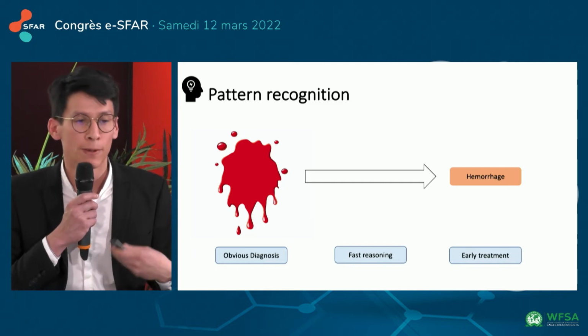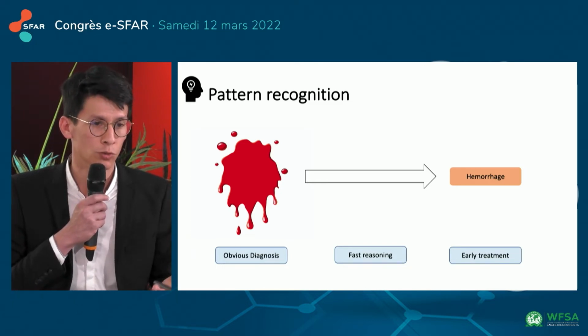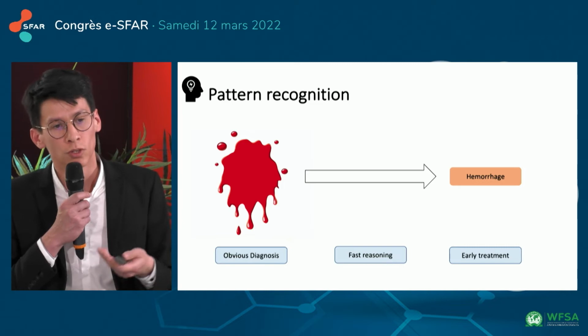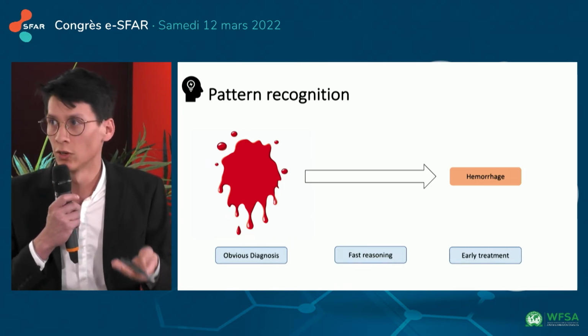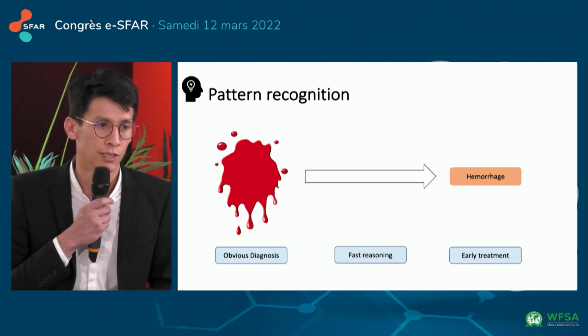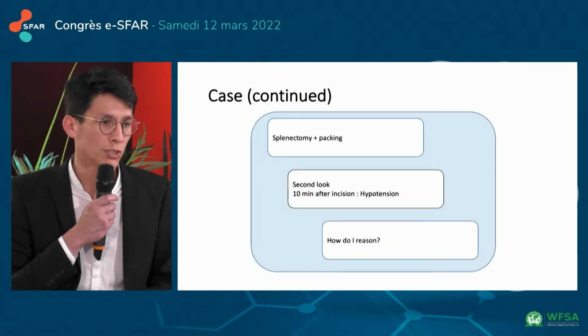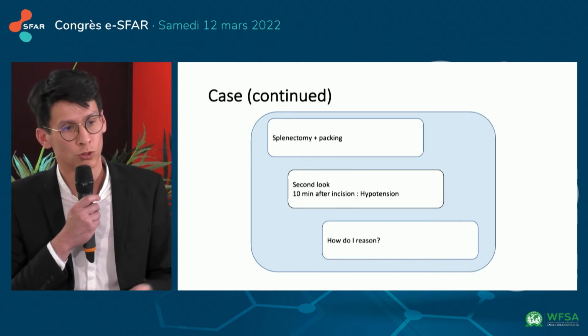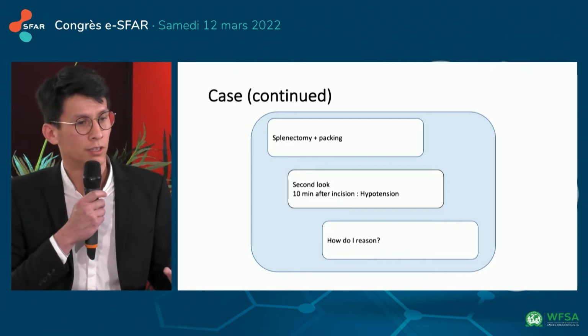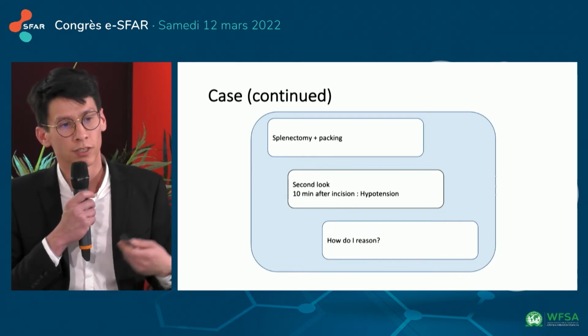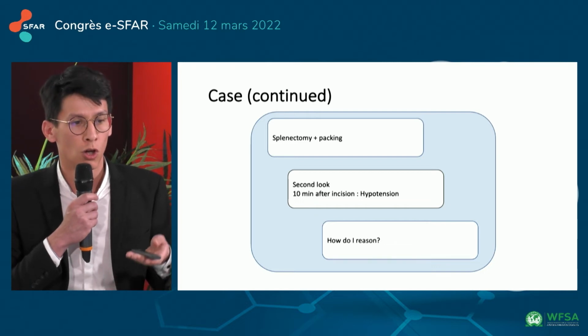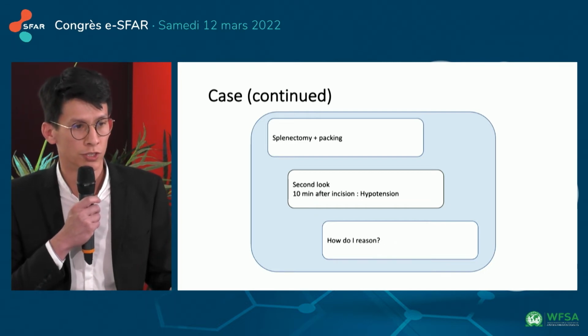And that's probably the best kind of reasoning in this situation because it enables you to treat your patient early, thus to reduce organ suffering in your patients. Okay? So let's say now you're taking the same patient for the second look surgery, and 10 minutes after incision, he develops hypotension. So now, how do we reason in this situation?